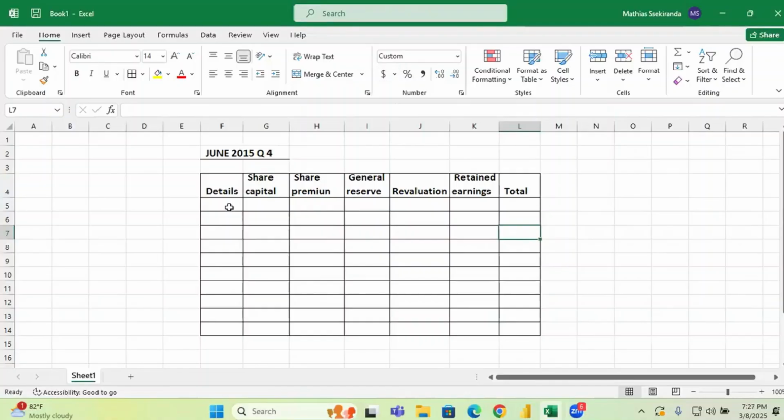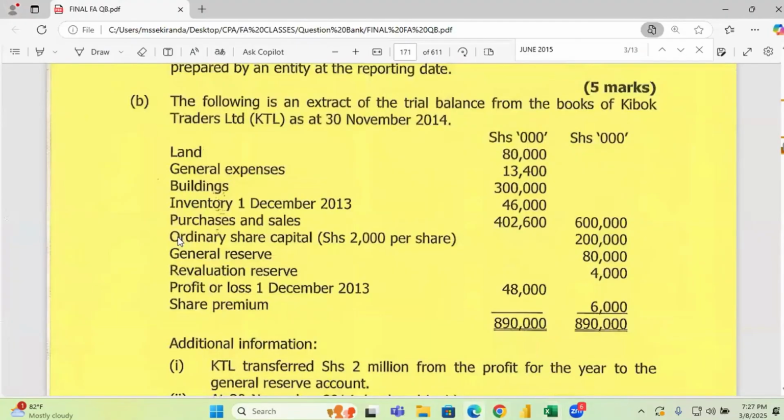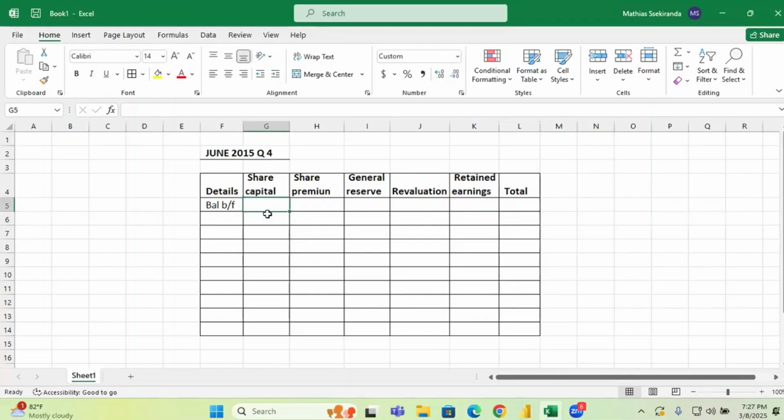So after doing this, we said you bring forward the balances. Balances brought forward. When you go back to our question, the ordinary share capital is 200,000, so you bring it here.